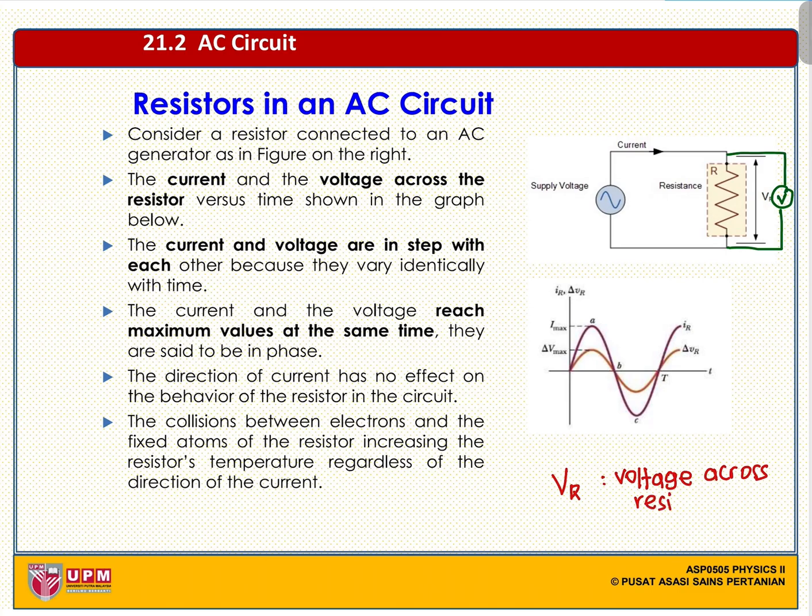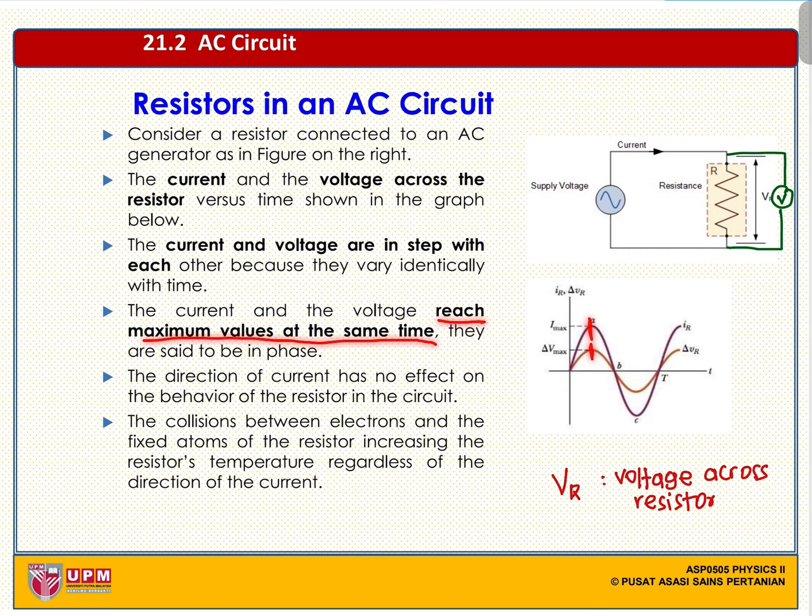So current and voltage across resistor are in step with each other because they vary identically. Maksudnya apabila current tu maximum, so voltage across the resistor ni pun akan jadi maximum. It shows that your current and your voltage reach maximum value at the same time.